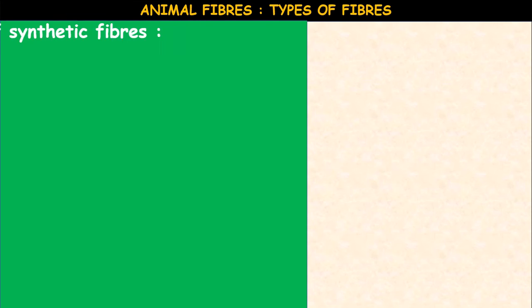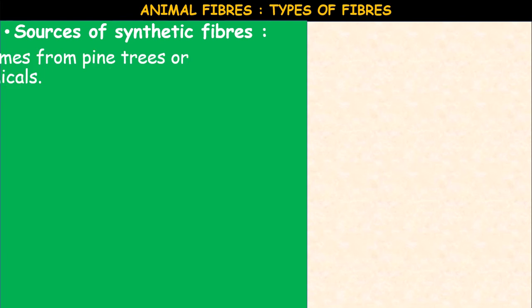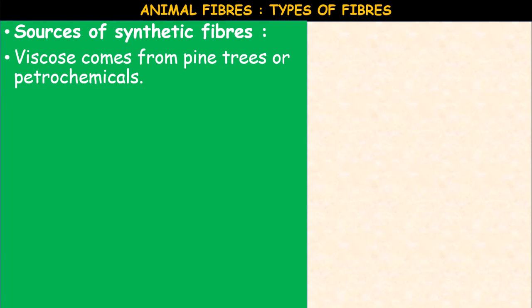Okay, the sources of synthetic fibers: there are some chemical sources such as viscose. This viscose comes from pine trees, or it is also obtained from petrochemicals.